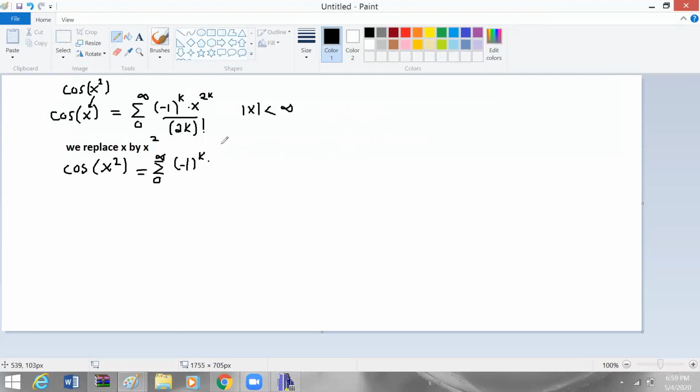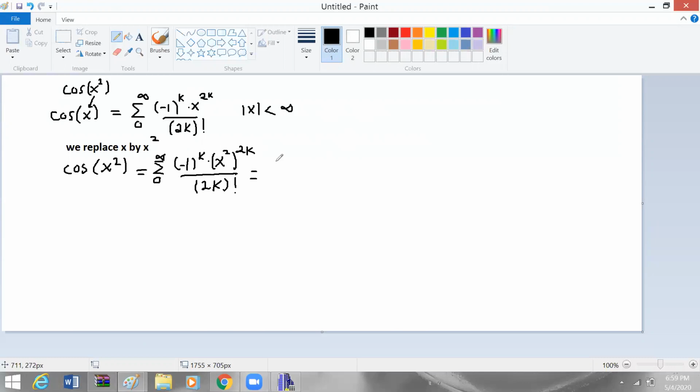Remember, I've replaced x by x squared, so that becomes x squared to the 2k over 2k factorial. But remember that we just replace x by x squared, simple as that.